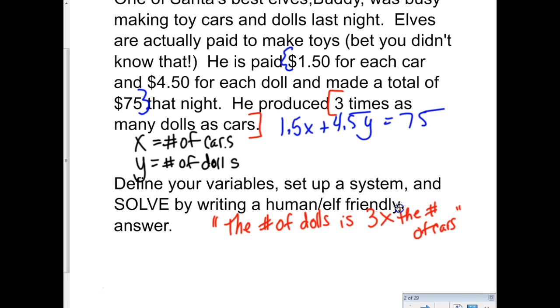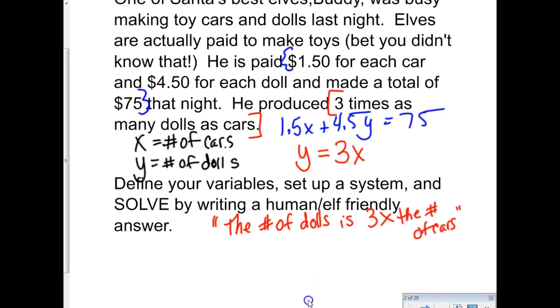So the number of dolls, which we know is y, is 3 times the number of cars. Now, another way to get that red statement is to think about it like a balanced scale. If it says 3 times as many dolls as cars, that means you would have to multiply the number of cars by 3 to get it to equal the same number as you have dolls. That's the backwards thing of algebra working, right? So that's kind of tricky to set up because it's not written in the traditional sense.